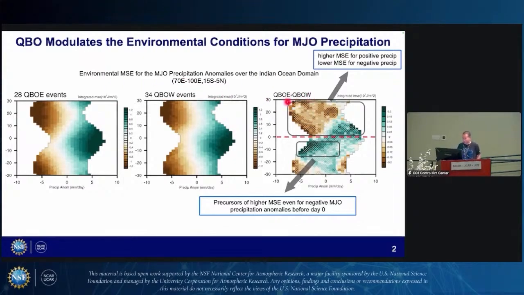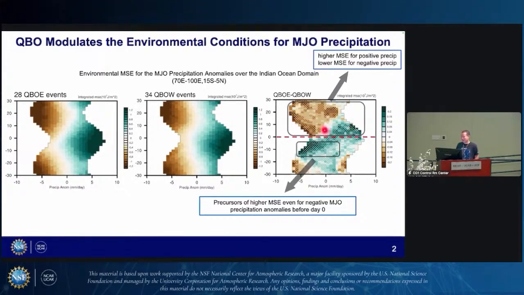So first, after day 0, for the positive MJO precipitation anomalies, the environmental MSE actually gets increased in the QBO easterly phase, and vice versa for the negative MJO precipitation anomalies. That is to say, when the MJO convection happens in the QBO easterly phase, even with the same precipitation anomaly intensity, the environmental MSE is actually higher, which provides more energy for the MJO convection to consume.